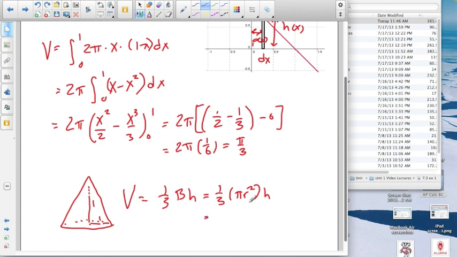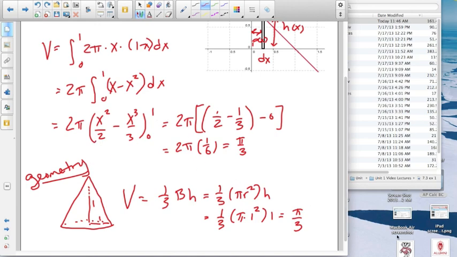And when we plug in 1 for the radius and 1 for the altitude, you notice we end up getting pi over 3. So this one in particular is nothing more than a geometry problem. And if you see it as a geometry problem, there is no problem with just using geometry. If you remember it, you don't have to use calculus in that instance.